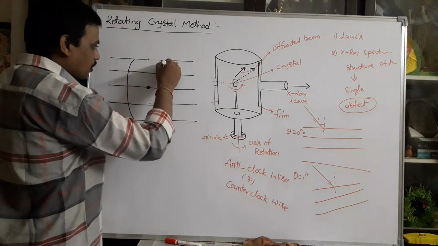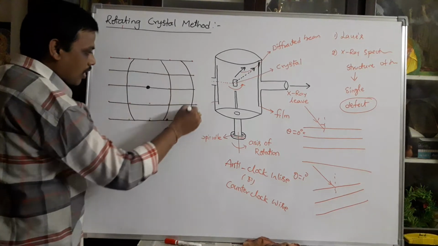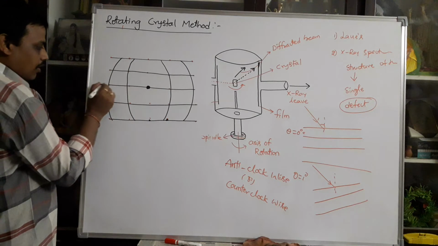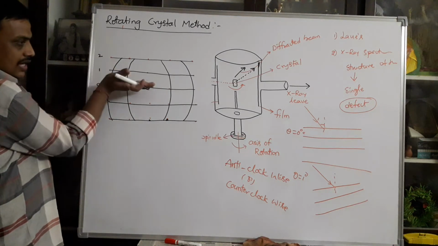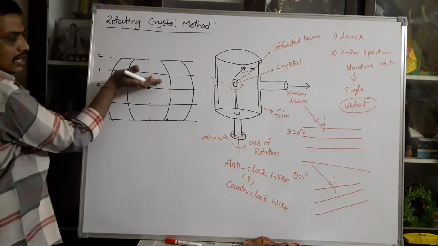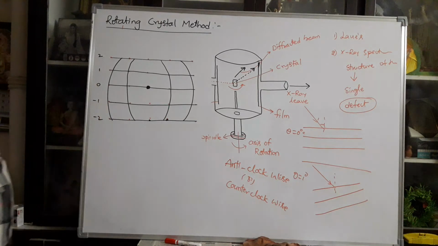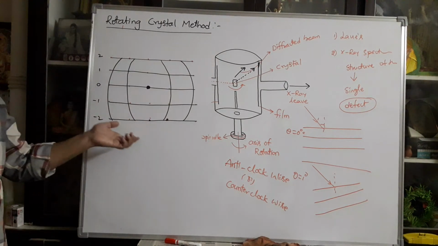Like also another one. You can take this as plane 0, first plane, second plane. This is the central maximum, with top planes above and bottom planes below: minus 1, minus 2. This is the rotating crystal pattern of diffracted X-rays.